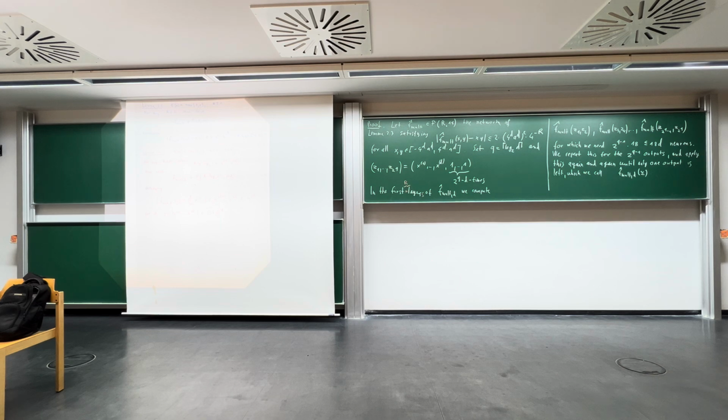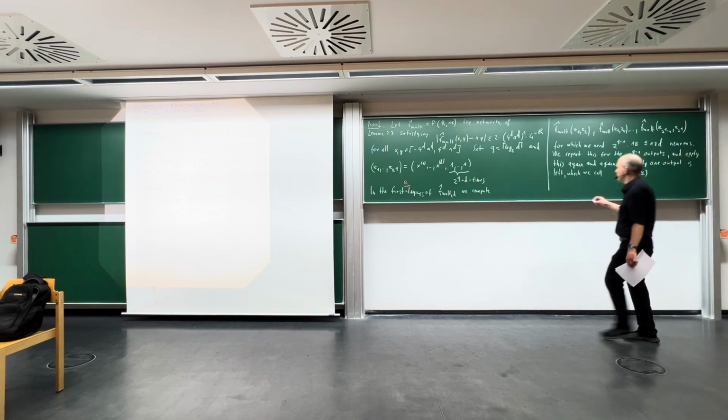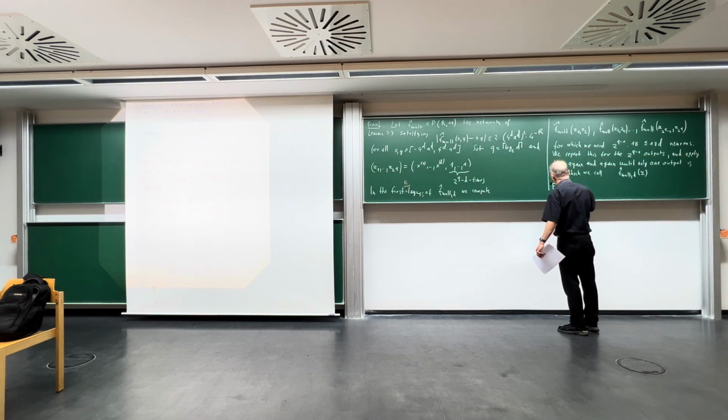So now the question is, how many layers do we need? How many neurons do we need? So every time we take R layers, we need at most 18 times d neurons. We need to chain q many of these layers together, so we need R times q many layers with 18 times d neurons.